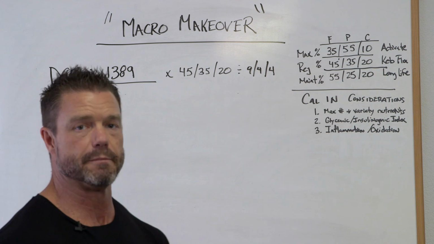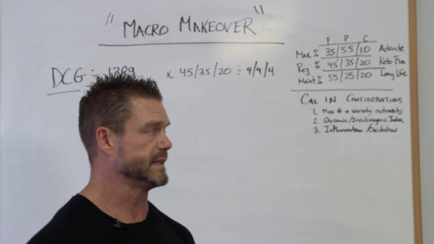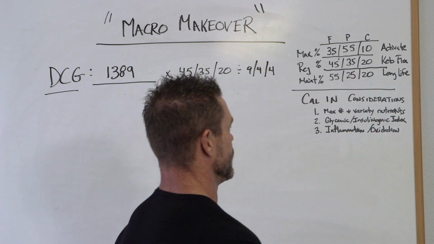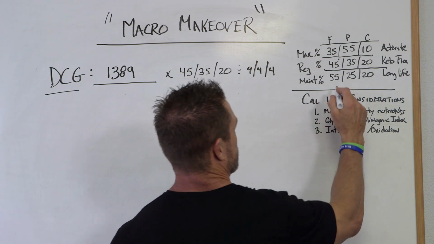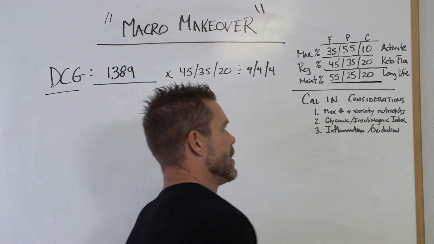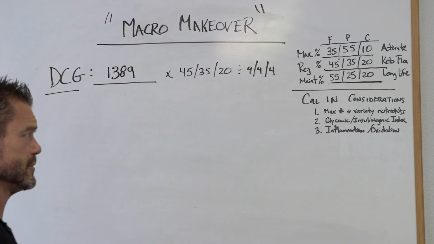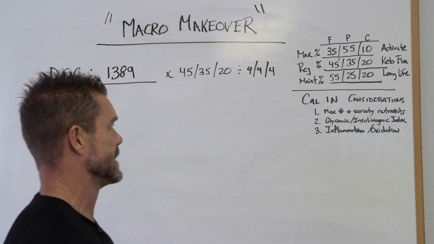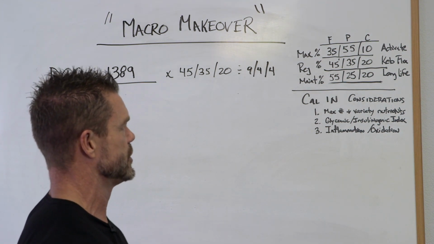And if you are in maintenance phase, which is designed for long life based on current research from Mark Hyman, Dr. Stephen Gundry and his longevity paradox, so much research.